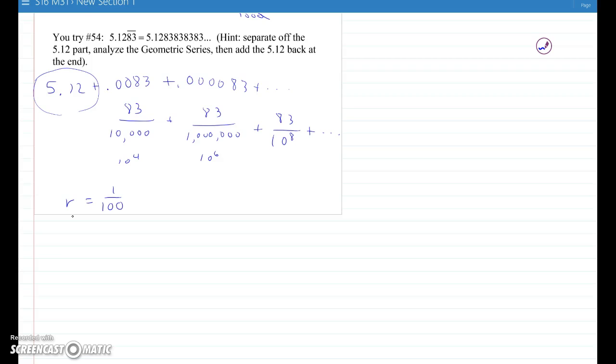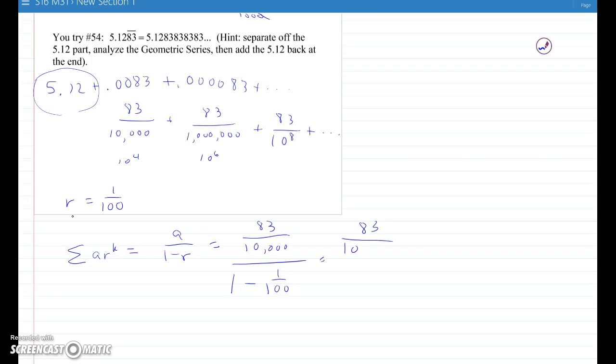So your sum of A R to the K is going to be A over 1 minus R, where A is the first term, so 83 over 10,000 over 1 minus, and your R is 1 over 100.